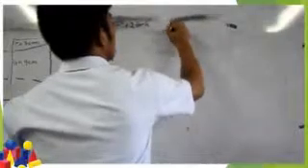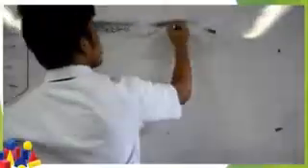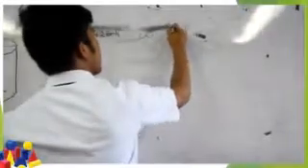Next, we have the lateral area. In order to get the lateral area, we have 2 pi rh.